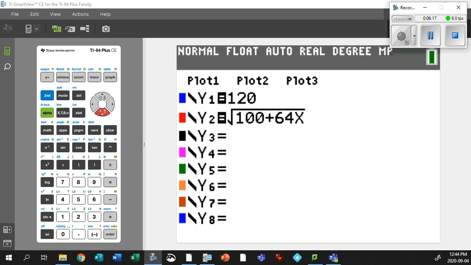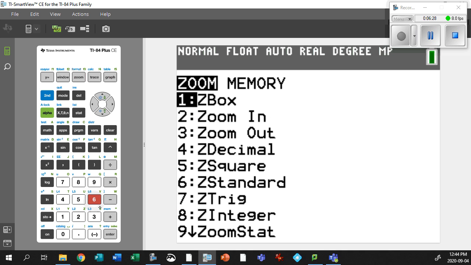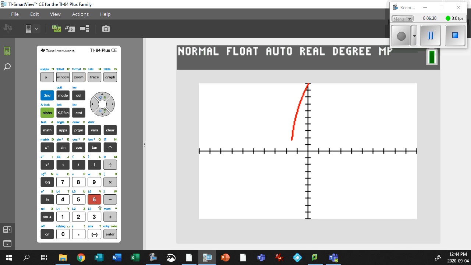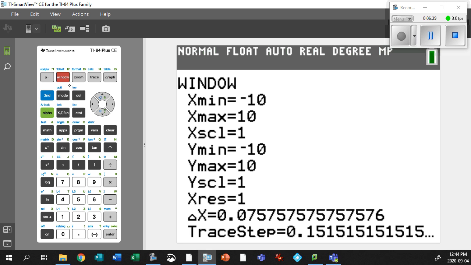Okay, so I put the values into the calculator. There's your y1 at 120. There's your y2 at 100 plus 64x. And remember, before you do anything, because if you don't, look what happens when I zoom standard this. Look, that's what you get. Well, where's the intersect? Where's the rest of the graph? This is where you have to be a bit smart and pre-plan.